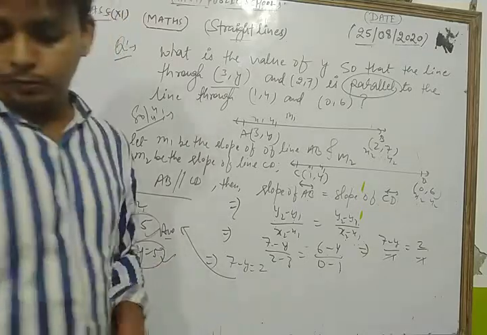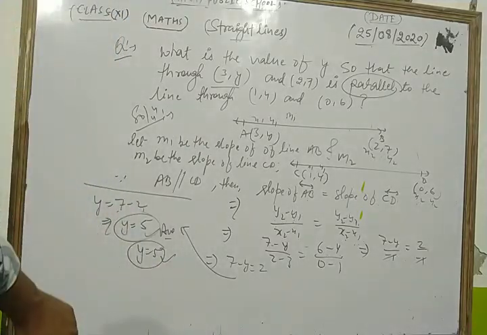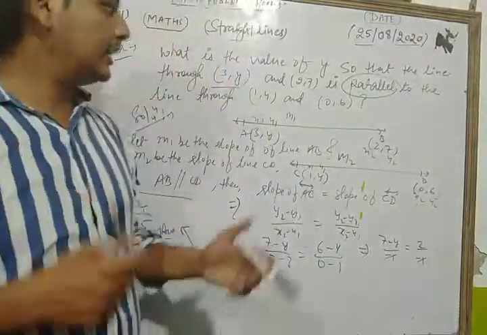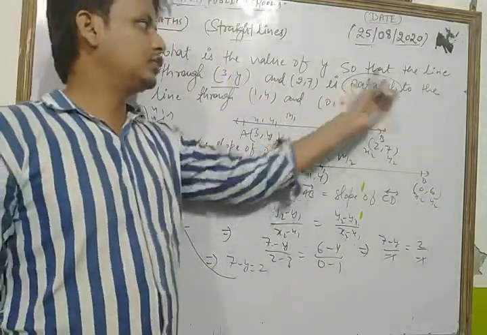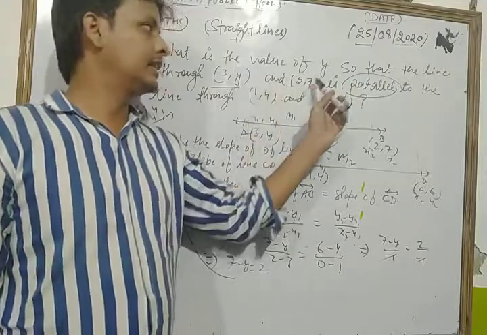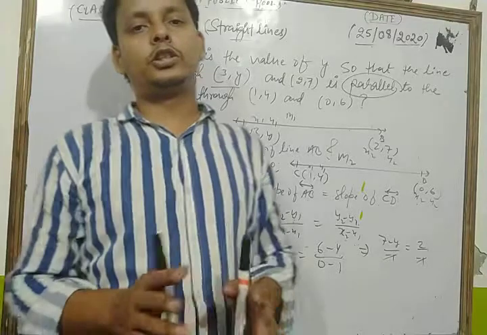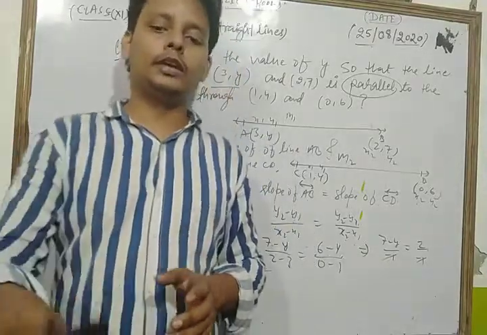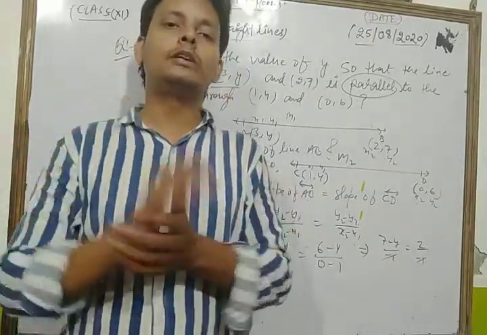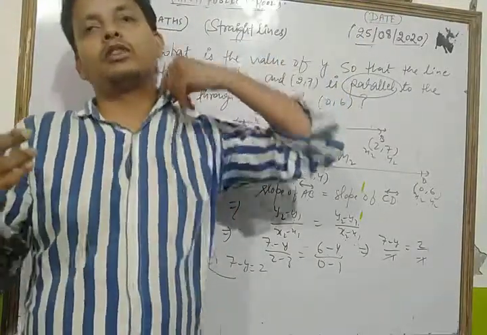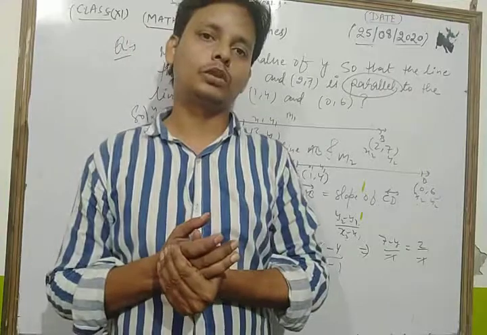So dear students, let's see once more. Here the question is, what is the value of y so that the line passing through these two points is parallel to the line passing through the other two. You know the formula: if a line passes through two given points, then its slope is y2 minus y1 upon x2 minus x1.